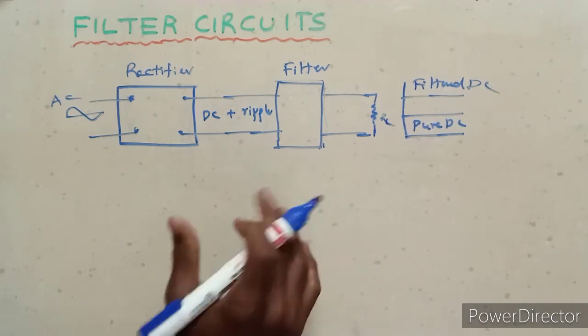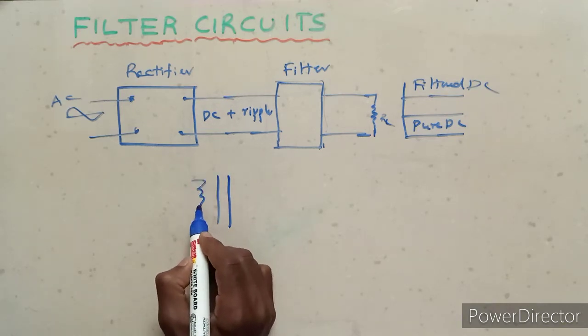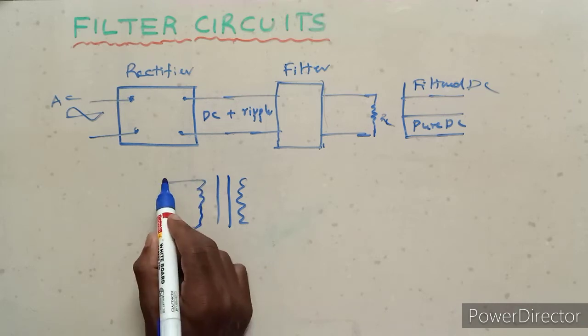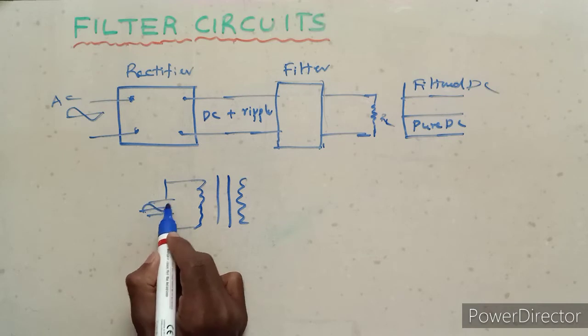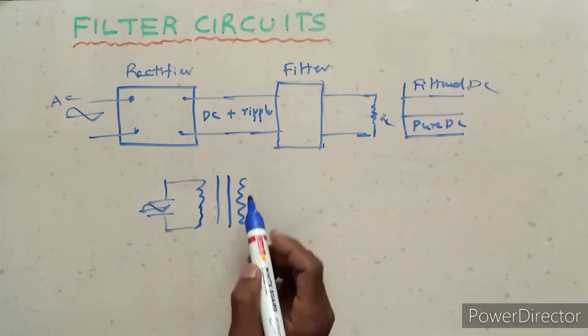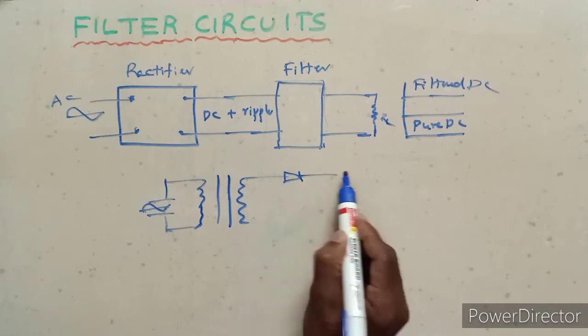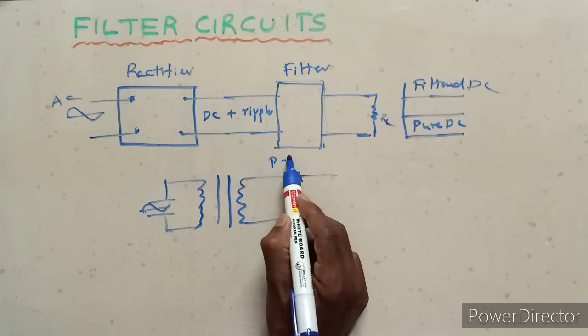So first of all, this is the transformer, this is the primary coil, this is the secondary coil. The primary coil is connected to AC voltage. The secondary coil is connected to a PN junction diode. This is the diode.